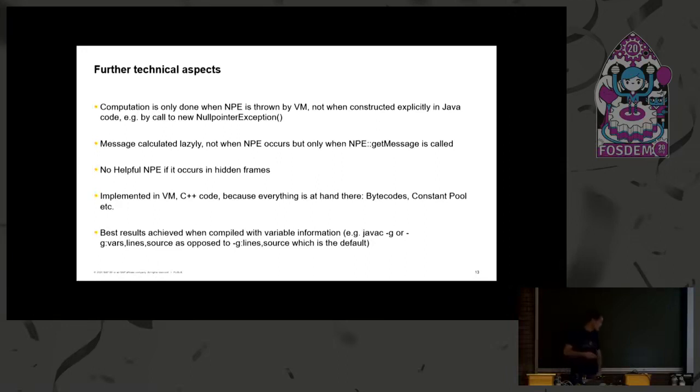So, okay, then another point. The best results you will see obviously when you compile the Java class with the right debug settings. The default of javac is only the lines and source information. So in the stack trace you will get the line numbers and the source file, but you usually don't have the variables unless you compile with this -g flag or -g:vars,lines,source, whatever you can specify.